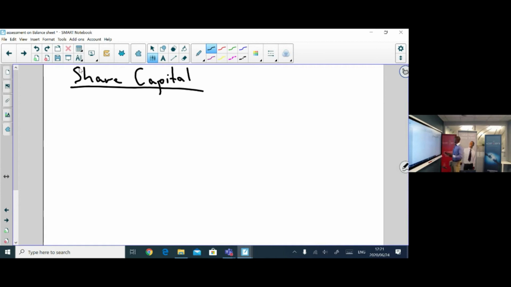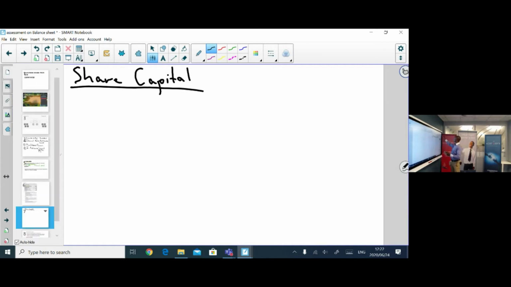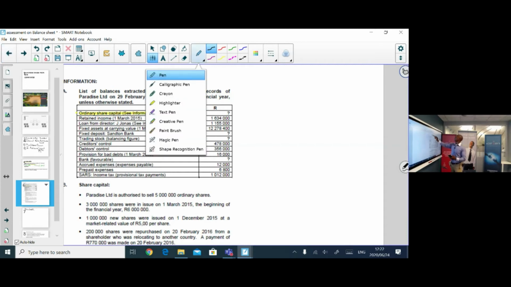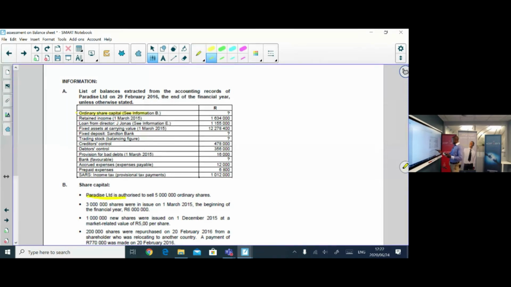Now here it says Paradise Limited has authorized shares. It doesn't mean that these shares were issued, so we don't record 5 million shares on our statement.